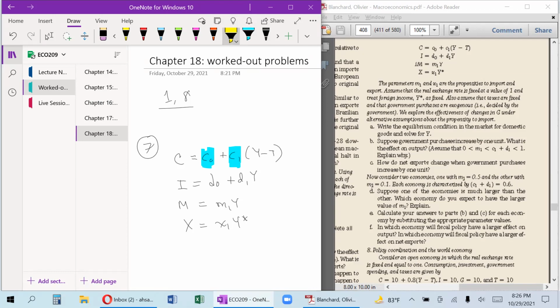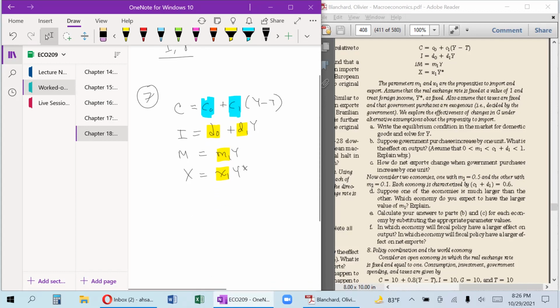What I'm going to ask you to do is figure out what D0, D1, M1, and X1 are. I'm not going into it myself because you should be able to do it on your own. But anyway, we have these 4 equations, and part A requires us to find the equilibrium Y.